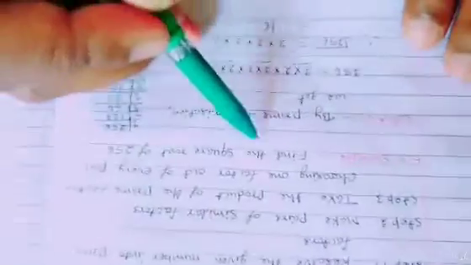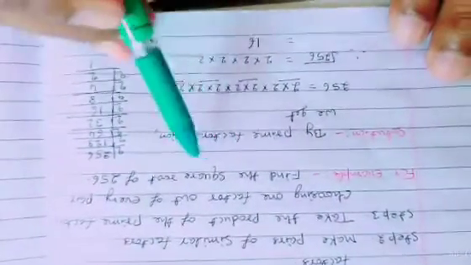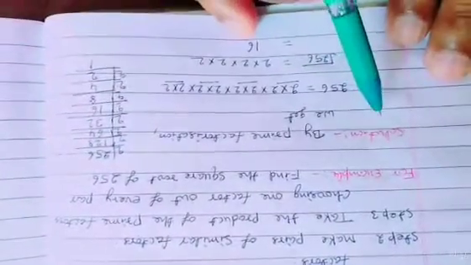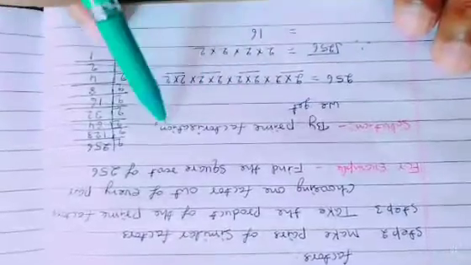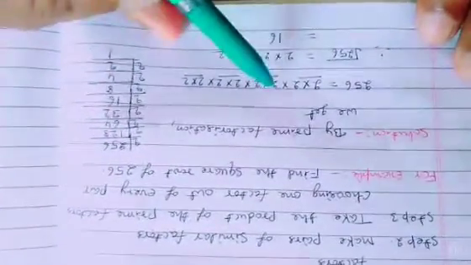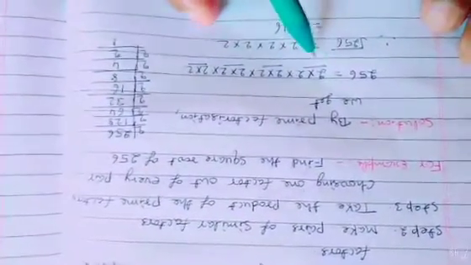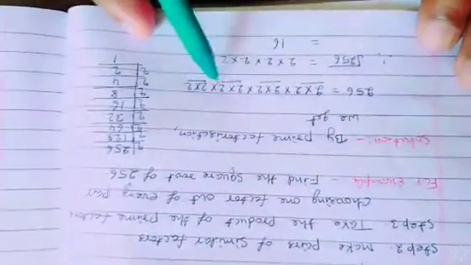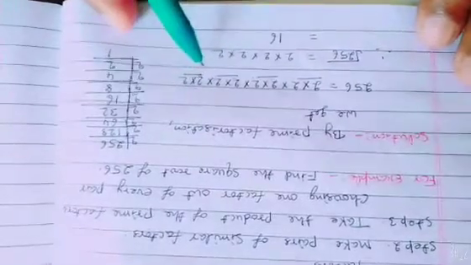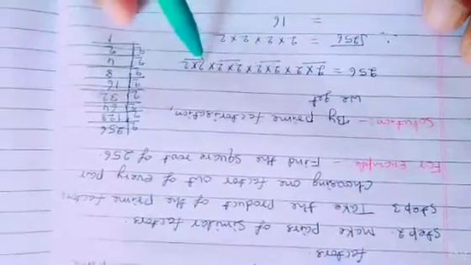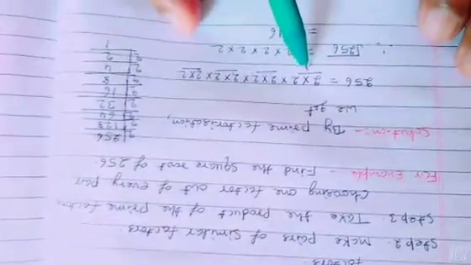For example, find the square root of 256. Solution. By prime factorization of 256, we get 256 equals 2 into 2 into 2 into 2 into 2 into 2 into 2 into 2. Making pairs of all factors, there are 4 pairs.